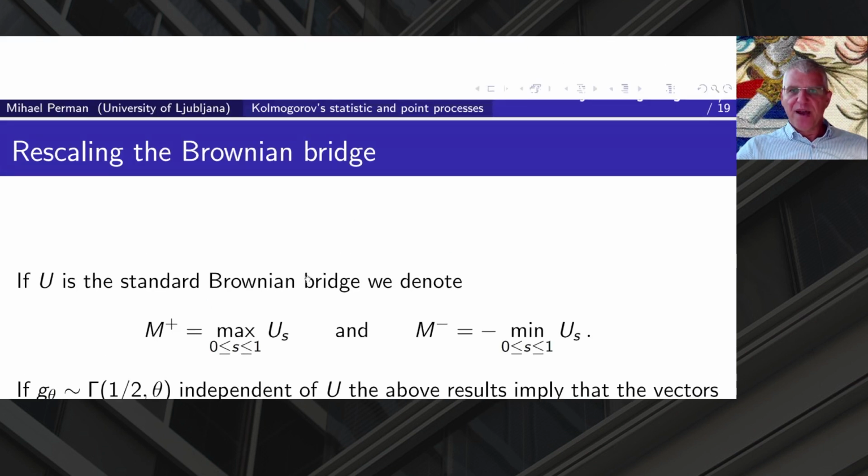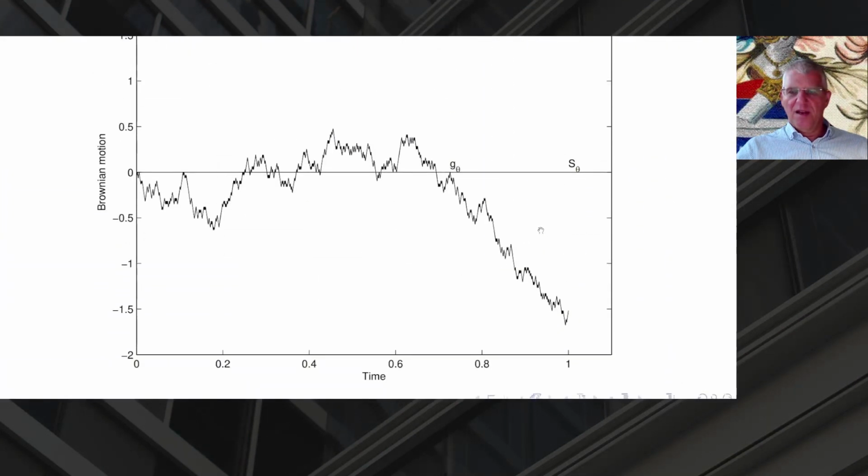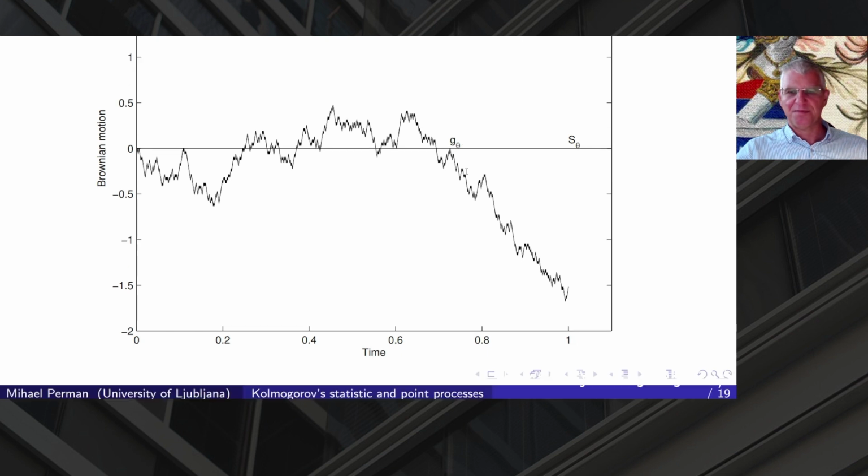If we go briefly back to the picture, this is an exponential random variable independent of the Brownian motion. It's the position of the first green point in the picture that I had before on the blackboard. And Dynkin also says that we know the distribution of this g theta, which turns out to be a gamma distribution.